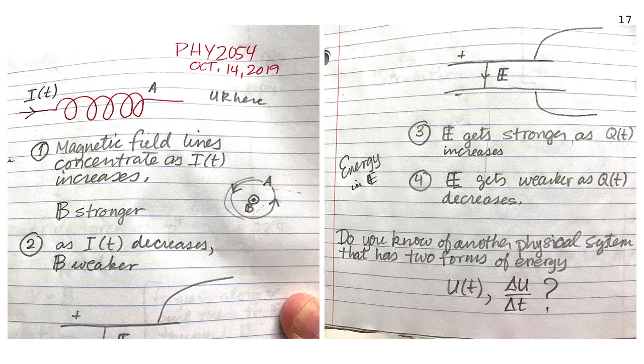The current is greatest when Q of t is greatest, but what's the relation between current and Q of t, the charge? How are they related?